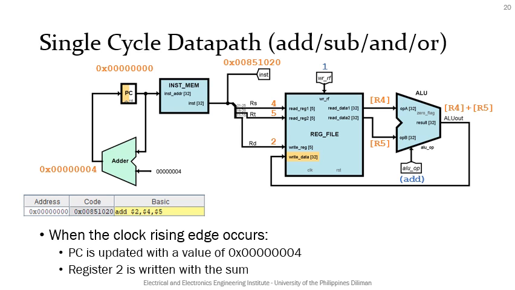However, even so, with PC and RD both being registers, both will be written to at the same time because they will still need to wait for the clock rising edge to occur. Note also that the clock connections are not drawn explicitly to simplify the drawing.